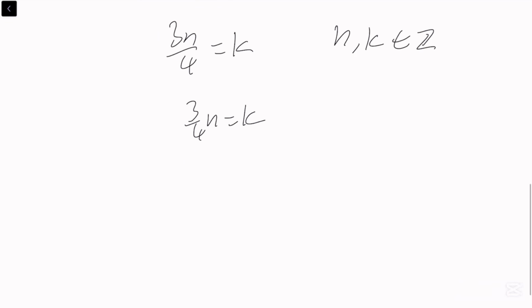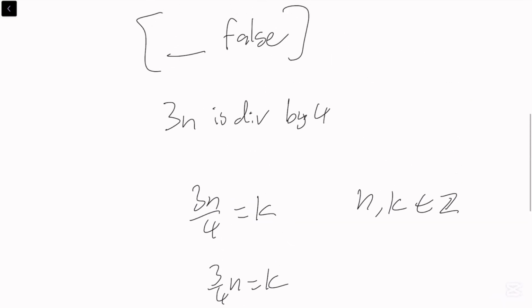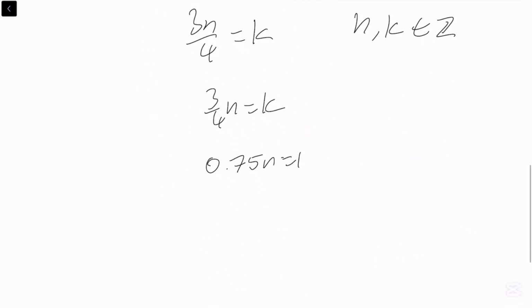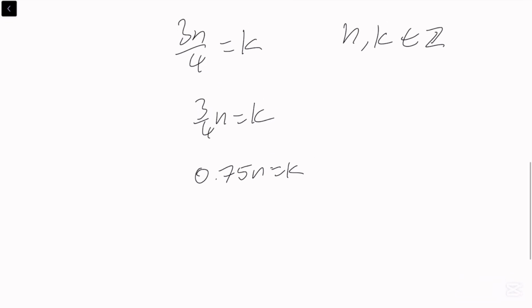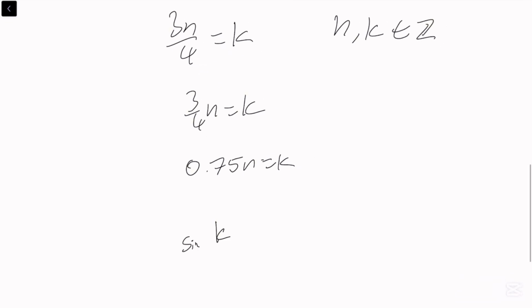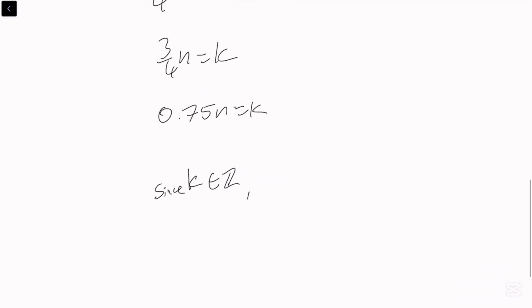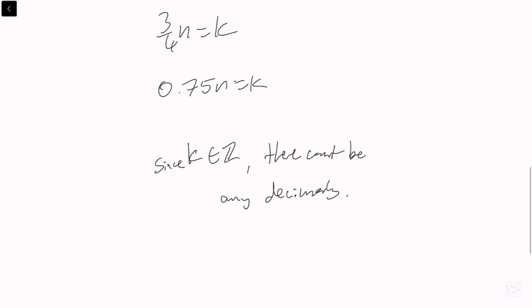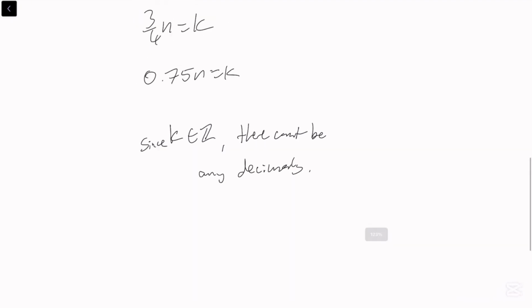You have to state that, let's just say 0.75, and this makes it a lot easier to see. We know that since k is an integer, it has to be a whole number. There can't be any decimals. Just some simple statement like that.